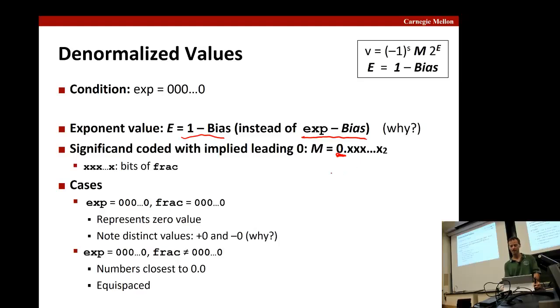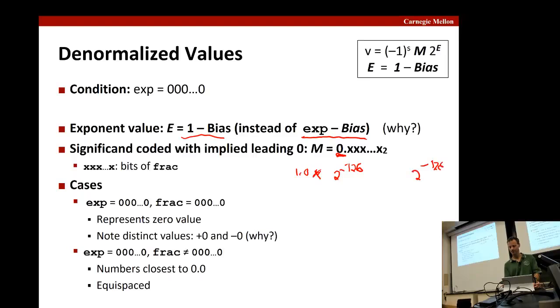In the normalized case, the smallest number I could represent was 1.0 times 2 to the minus 126. What's the largest number I can represent here? It's basically 1 minus 127, so it's 2 to the minus 126 again.